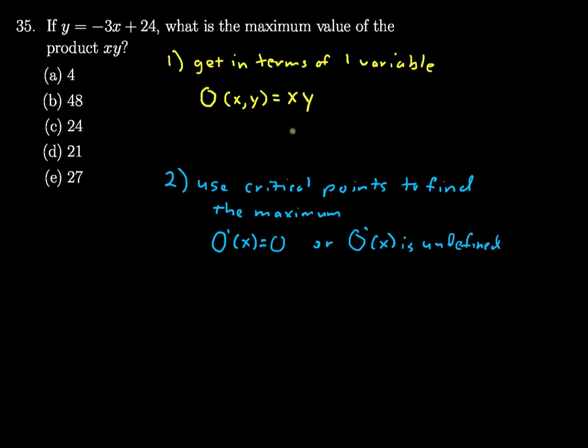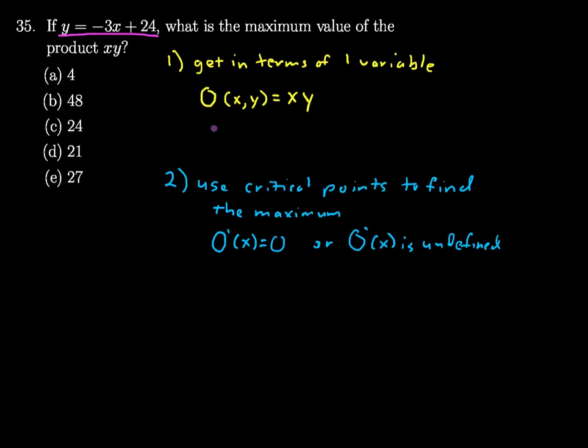Looking back up here at the first step, get it in terms of one variable. O of xy equals x times y. This is really easy to get in terms of one variable because I know that y equals negative 3x plus 24.